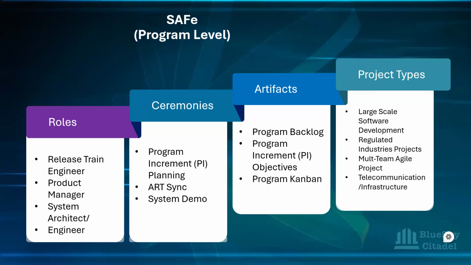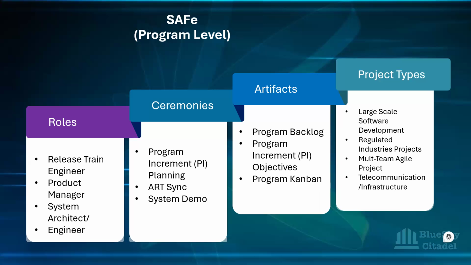Healthcare, finance, banking systems, financial organizations, government organizations, they all deal with regulations. And where compliance, security, and regulatory constraints come into being, that is large scale, that is enterprise level, and SAFe is suited for such projects.